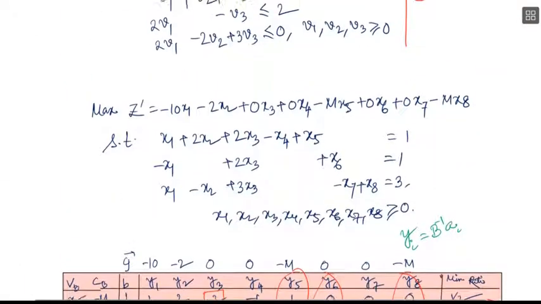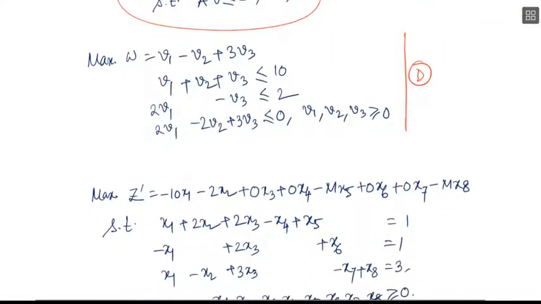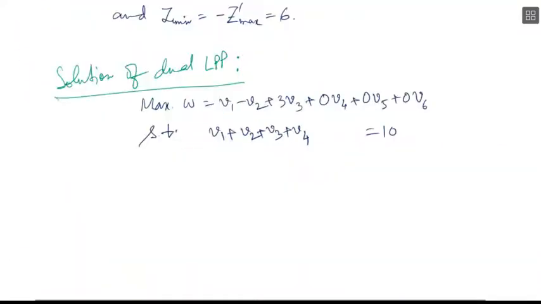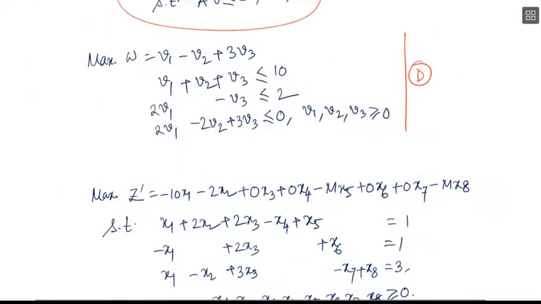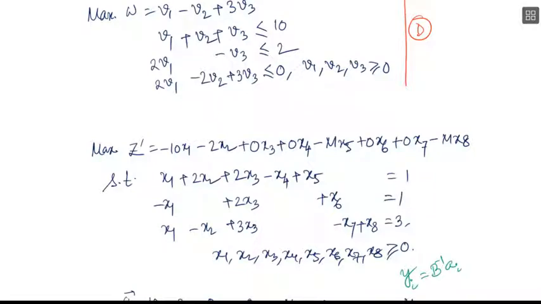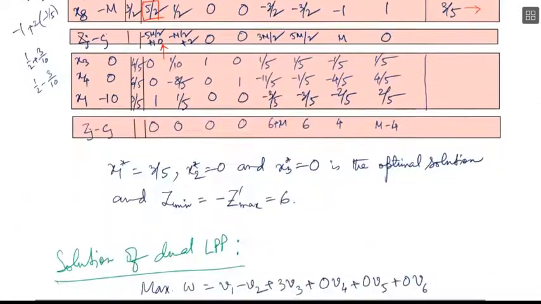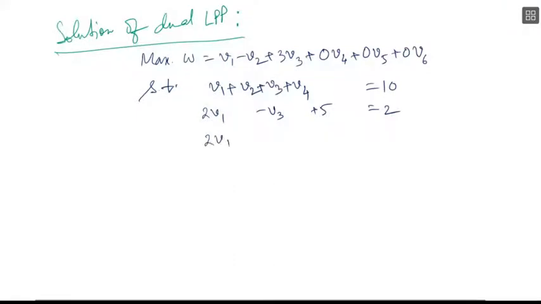The second constraint will be 2v1 minus v3 plus v5 equals 2, and the third one will be 2v1 minus 2v2 plus 3v3 plus v6 equals 0.